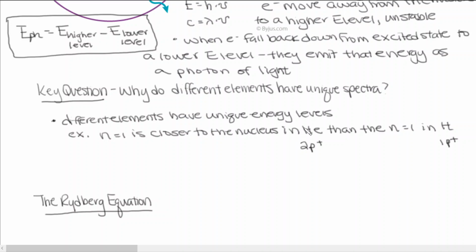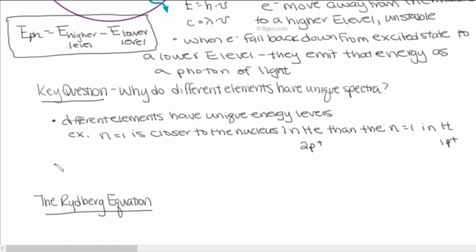So there are only certain places where the electrons can exist, and only certain amounts of energy that they can have and transmit as they transition between those energy levels. Where an n equals 2 to n equals 1 drop is going to produce a certain amount of energy in hydrogen, it's going to produce a different amount of energy in helium because the distance between those energy levels is different.